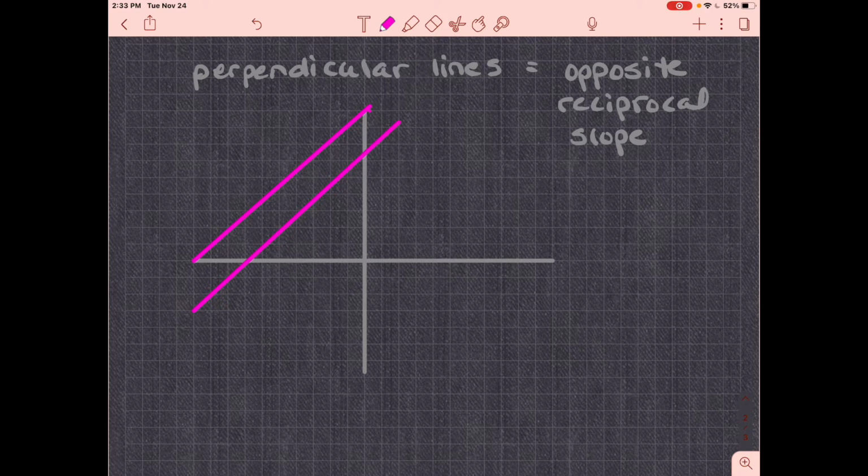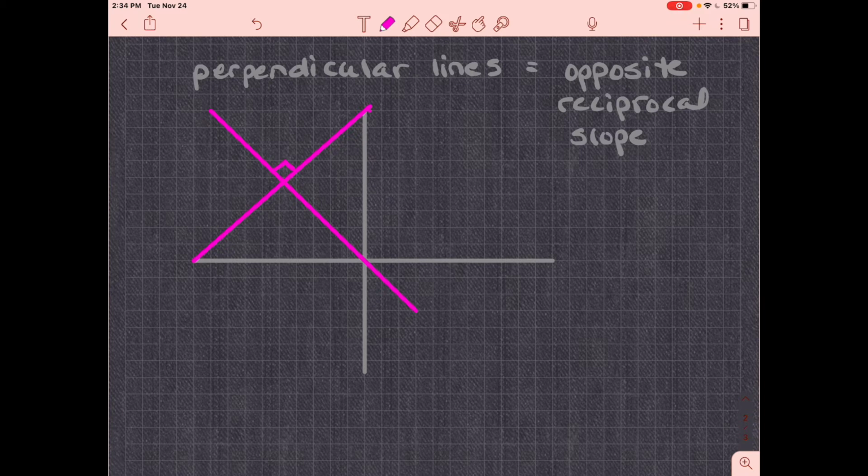Oh no, I mean parallel lines. Okay, another example of parallel lines. It's not what I meant to draw. I wanted to draw perpendicular lines. I'm not sure those are perfectly perpendicular, but if they were, this would be a right angle, right? So every other corner there would be right angles.